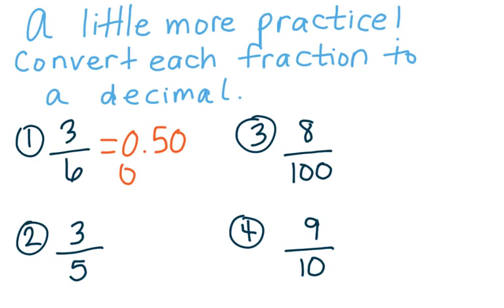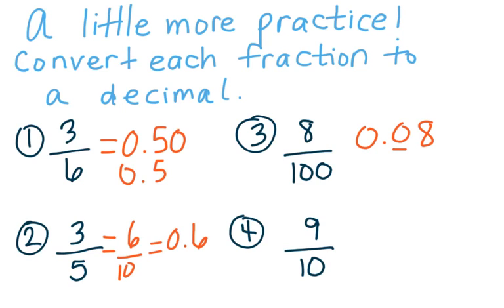And it would be okay if you just wrote it like that too. 5/10 or 50 hundredths. Number 2, that would be 6/10, so 0.6. And 8 hundredths would need to be like that. Make sure you didn't write the 8 in the 10th spot. And then 9/10.